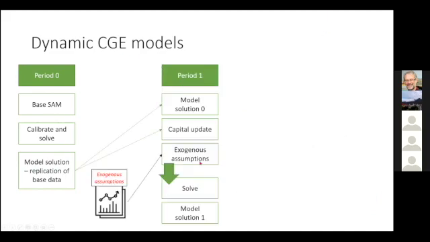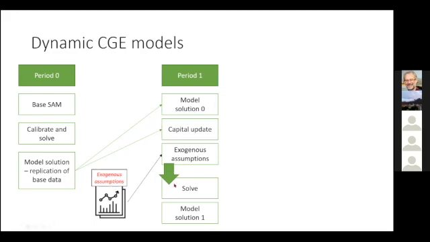When we run dynamic models in the next period, the outcomes from period 0 are used within the model, both as the starting solution, but then also to update the capital available to various sectors. Exogenous assumptions are also included, like I said, on population growth, total factor productivity, and changes in government transfer growth.